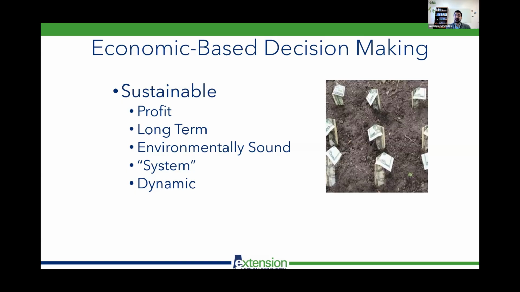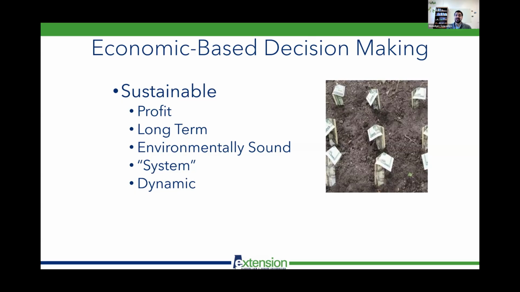So, really taking all of that into account when it comes to pest management is important. Environmentally sound, thinking about both our field, but then also what's next to our field. Those things can matter, but in general, I think we need to have a system approach. We need to think about everything in tandem together, but also consider that we need to be dynamic. When we're talking about economics, a lot of times we say that, it depends.